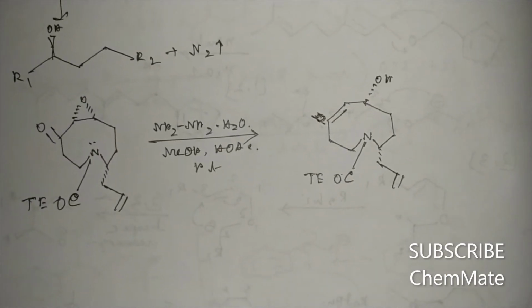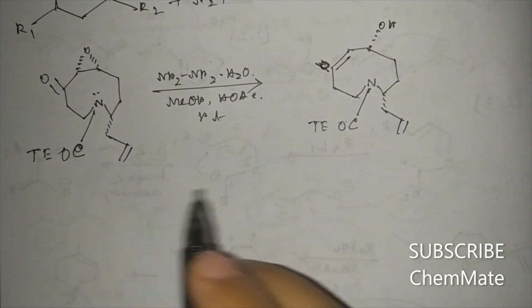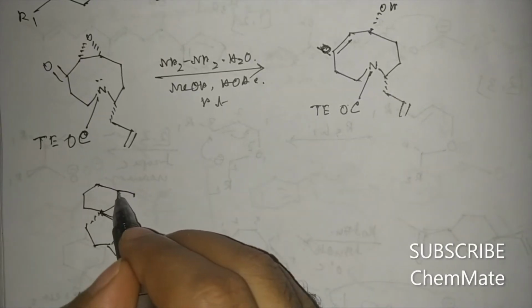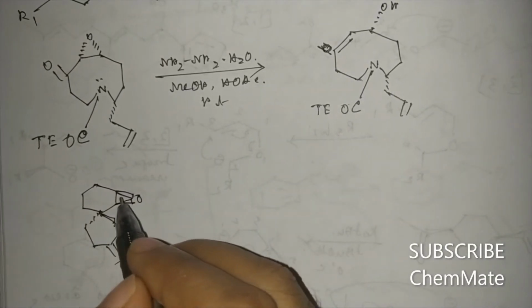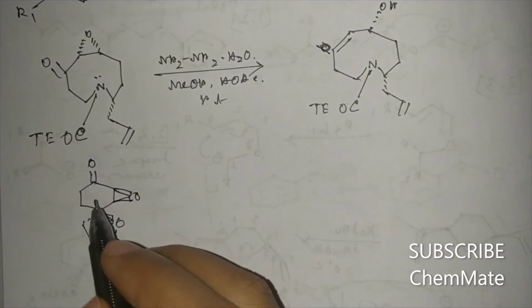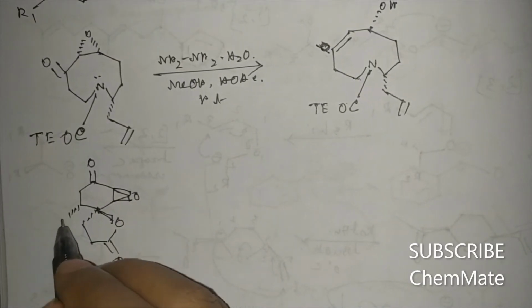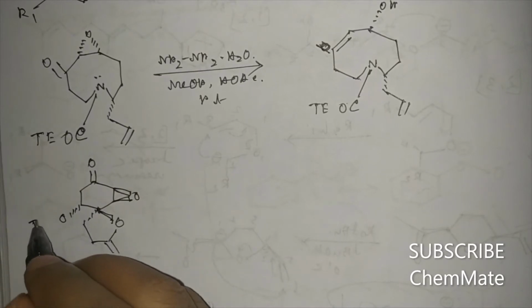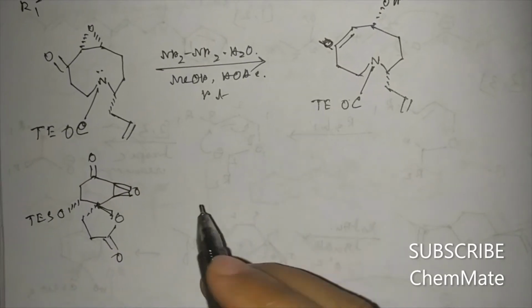And another example, if we take one where the epoxide ring is above the plane. Here is a keto group, that is, an alpha beta epoxy ketone, and this is a protecting group.